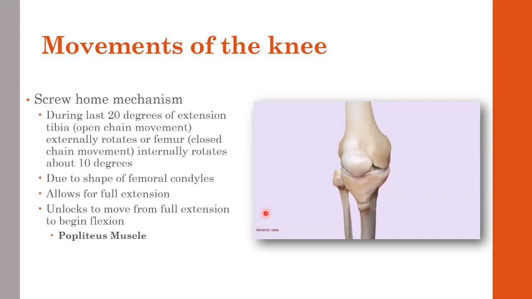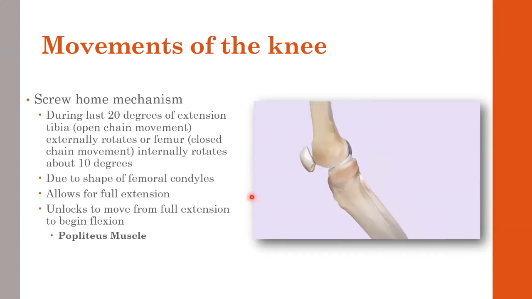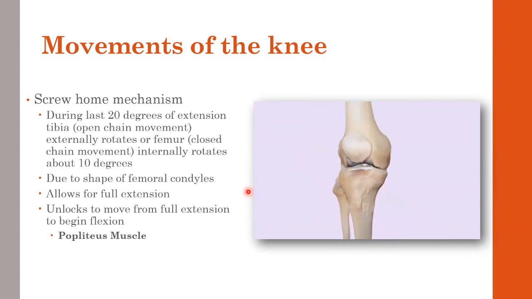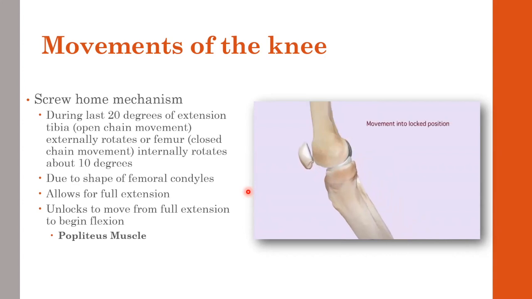Another important mechanism here is the screw home mechanism, and this is describing the minute internal and external rotation actions occurring about the knee while the knee reaches full extension.